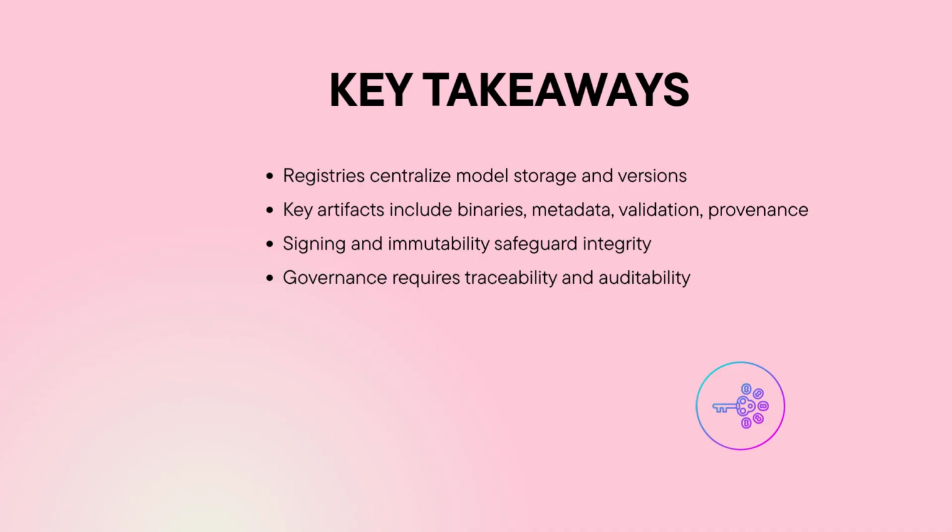Signing and immutability add strong guarantees of integrity, while governance structures rely on these practices for audits and compliance. Together, these elements create the trustworthy foundation needed for scaling AI responsibly in a real-world environment.